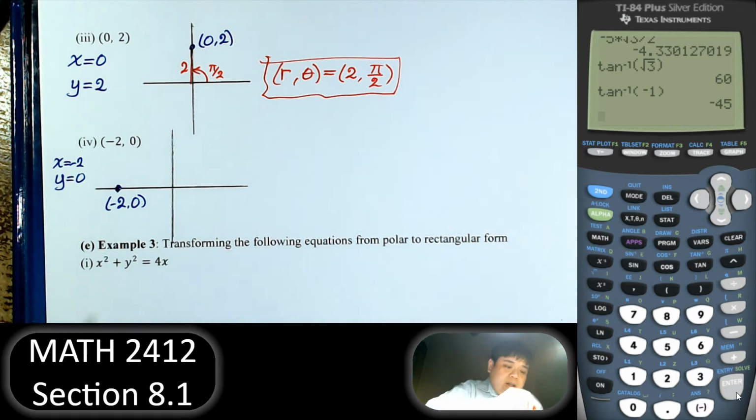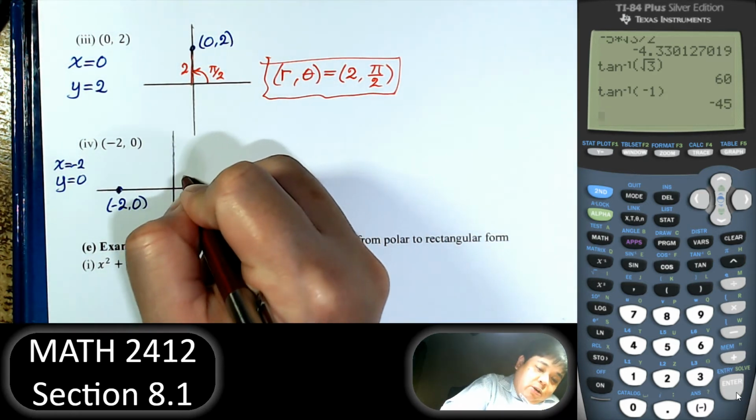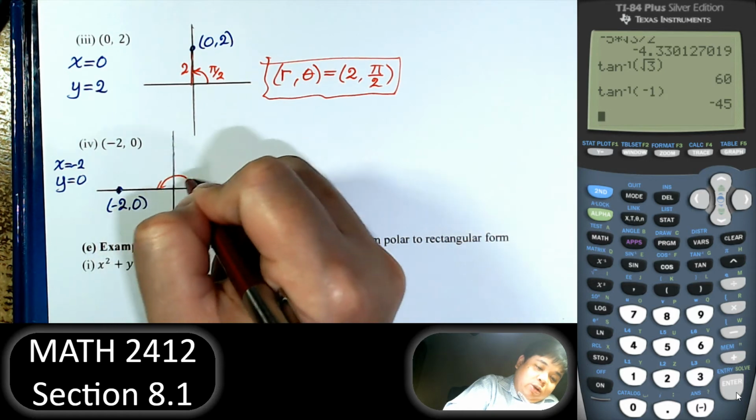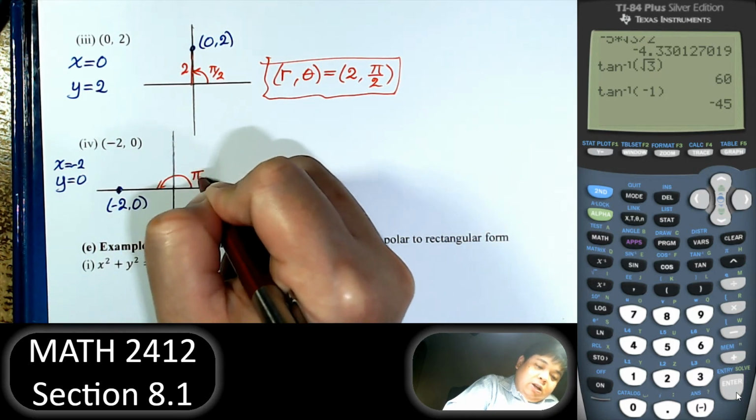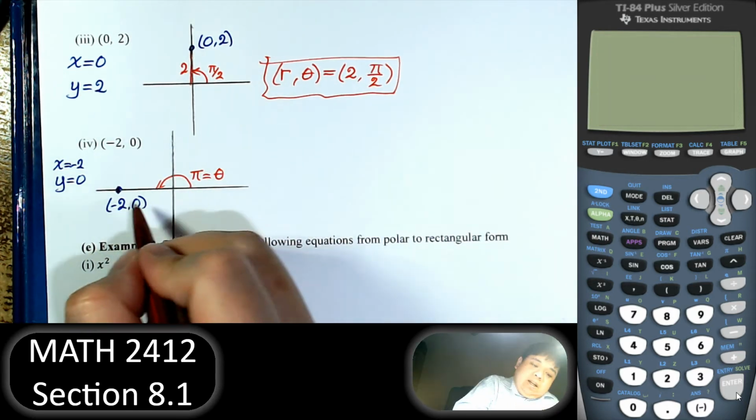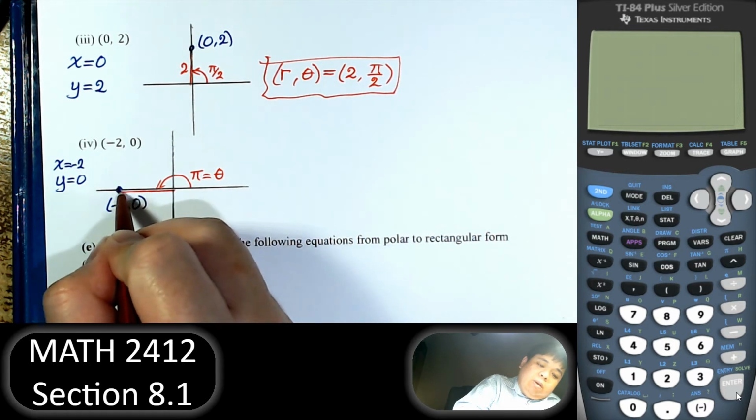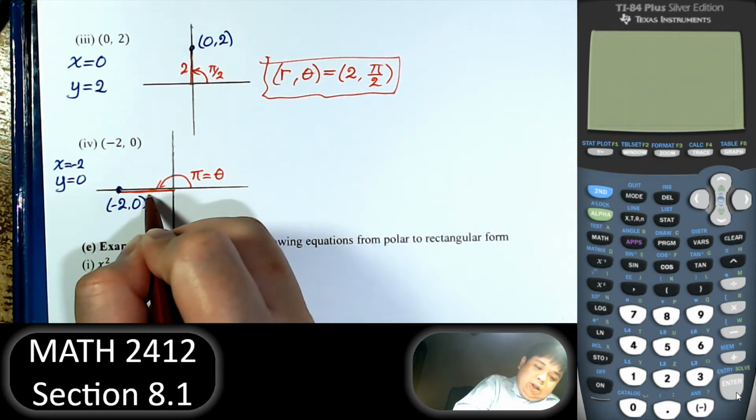Now, if we want polar coordinates, the angle from the polar ray to that is going to be pi, and the distance from that point to the pole is going to be 2.